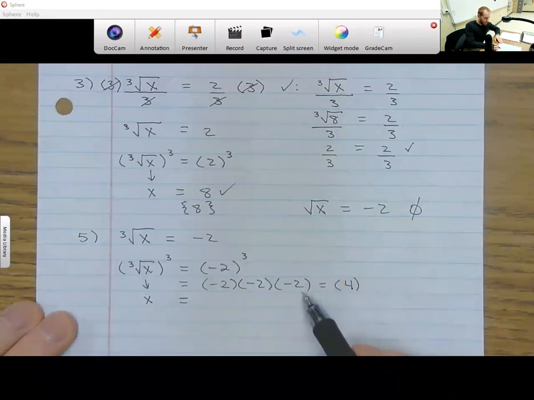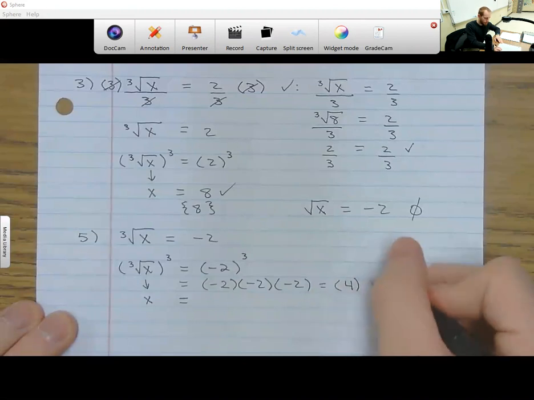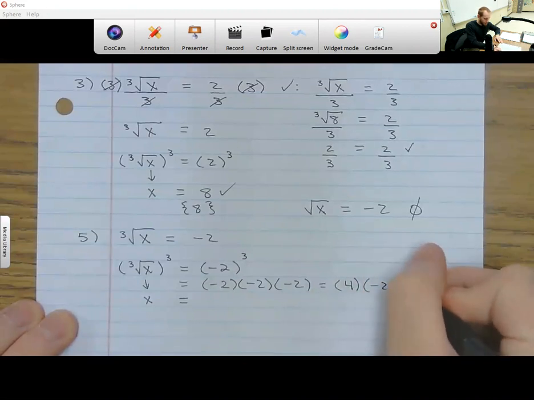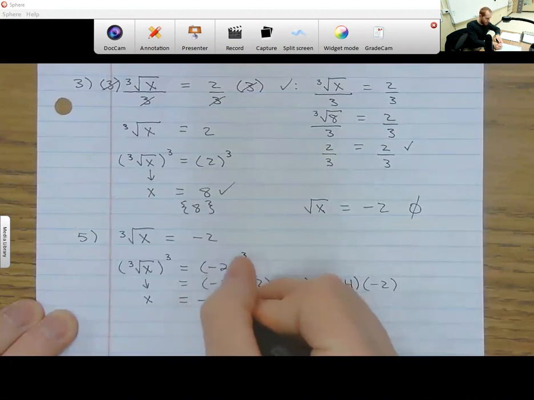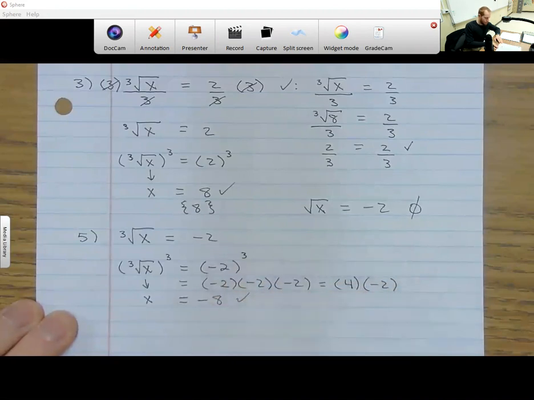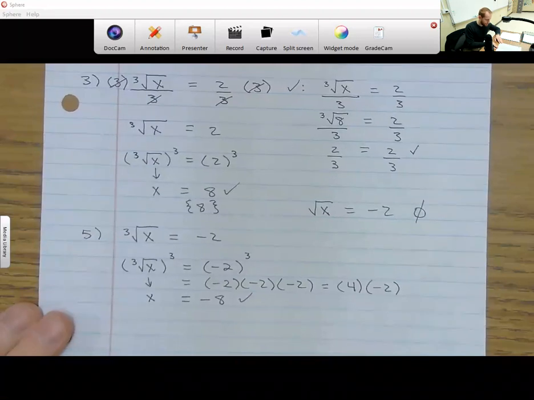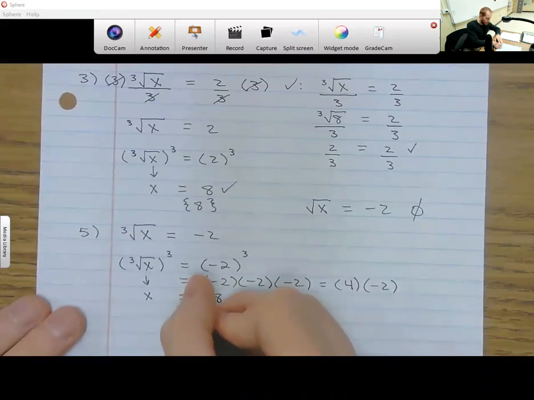But I've still got another -2 that I have to deal with, right? So this is actually 4 times -2, and that's going to give me -8. So x has to be -8 for this equation to work. So inside my solution set, I'm going to put in that -8.